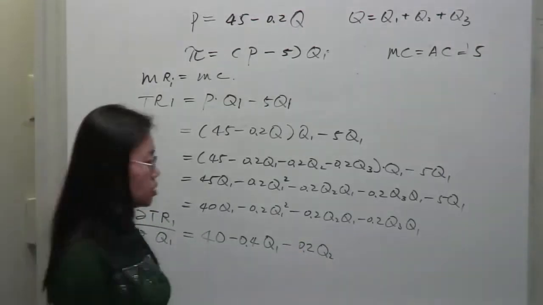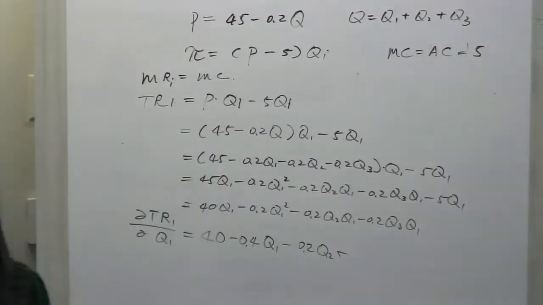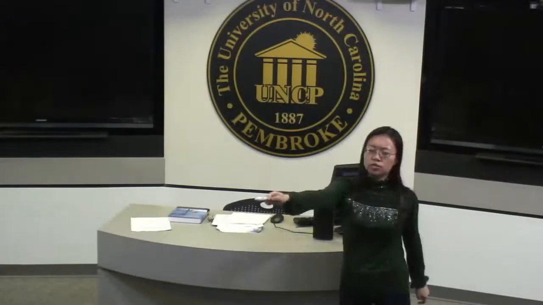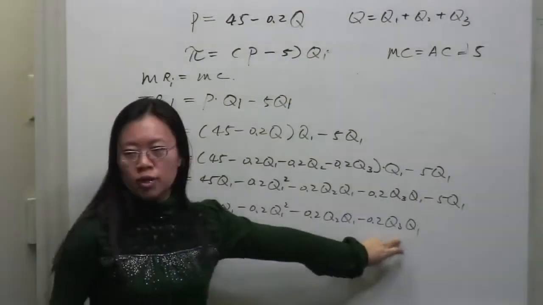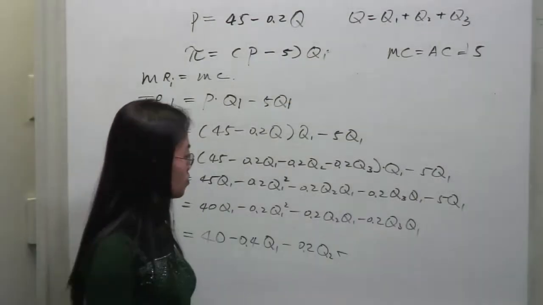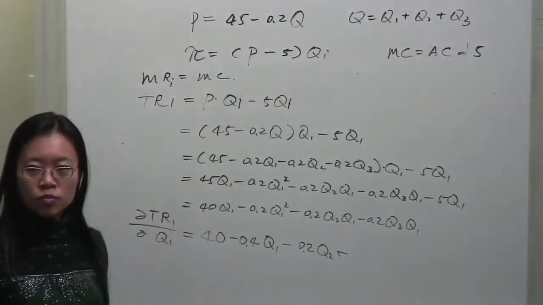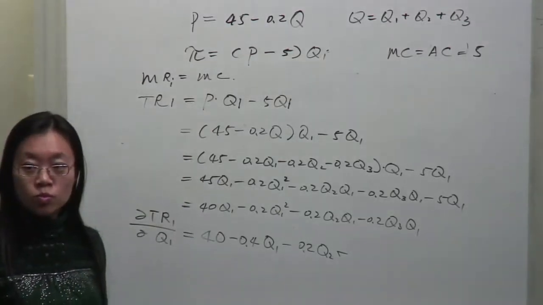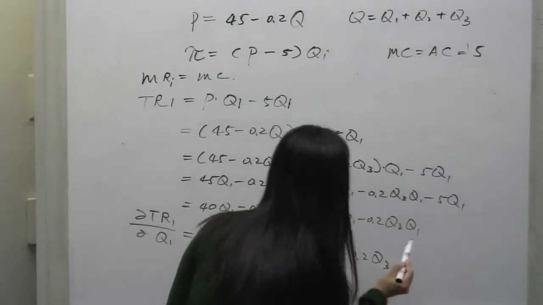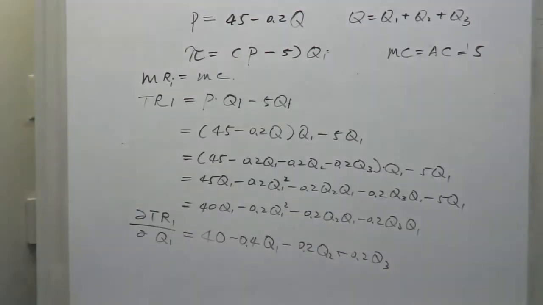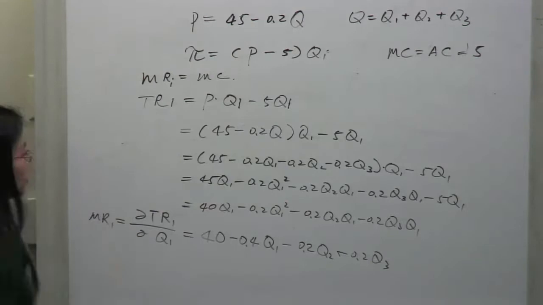So how about the last term? Justin, what's the derivative of this one with respect to Q1? It would be 0.2 Q3. Okay, so this is the marginal revenue for Firm 1.